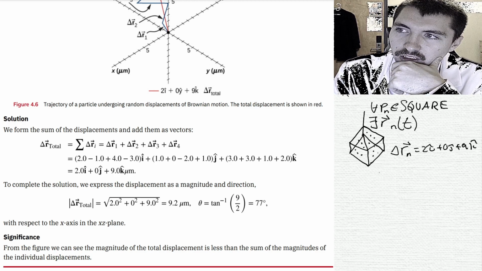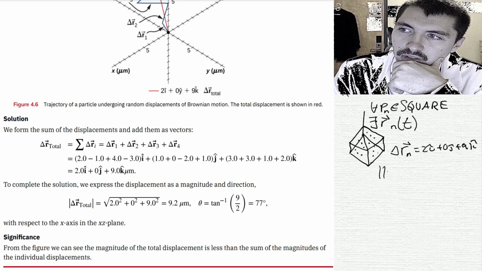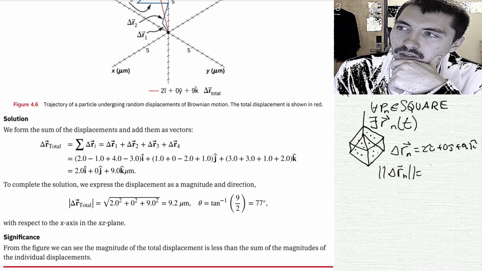Okay, so then you take the norm of delta Rn, which is 2 squared plus 9 squared.